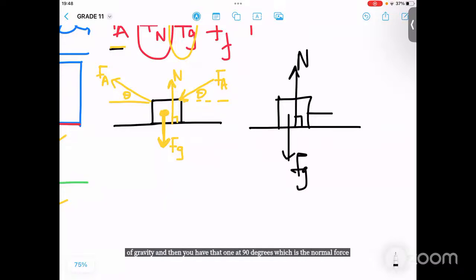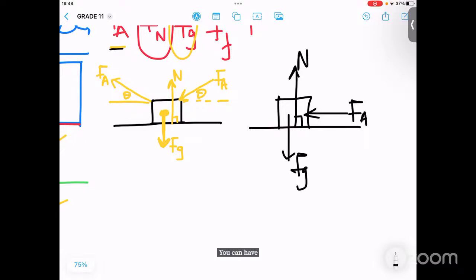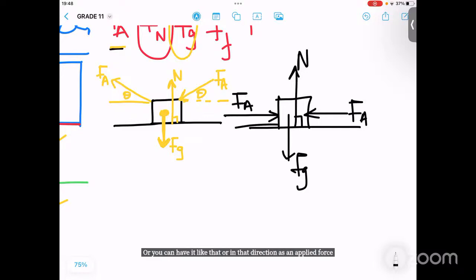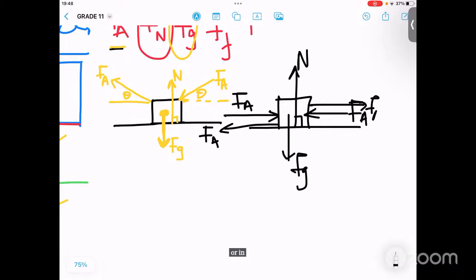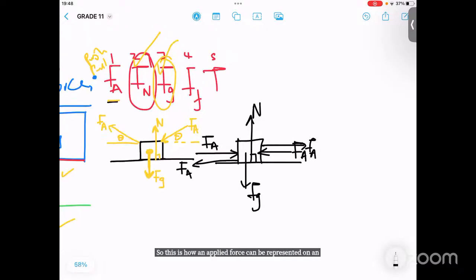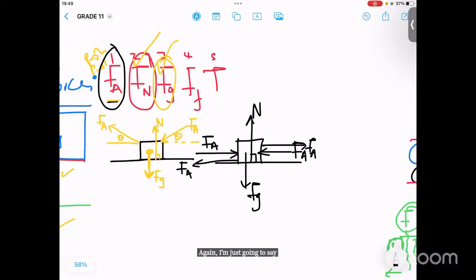You can have a force horizontally like that being the applied force, or in that direction as an applied force, or it could be a pulling applied force in that direction or in that direction. So this is how an applied force can be represented on an object.